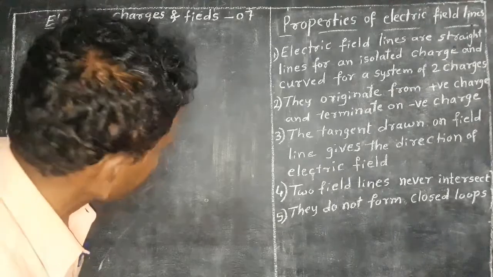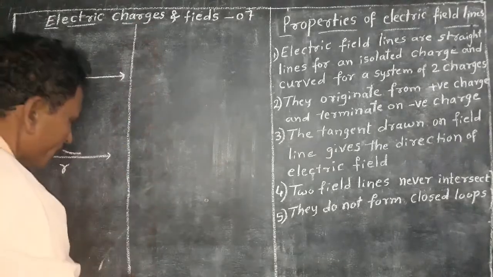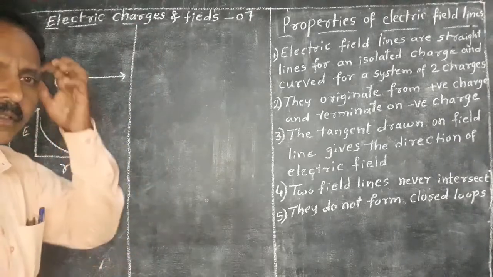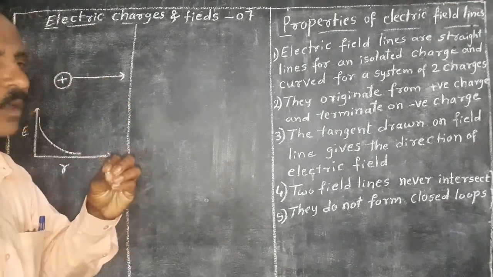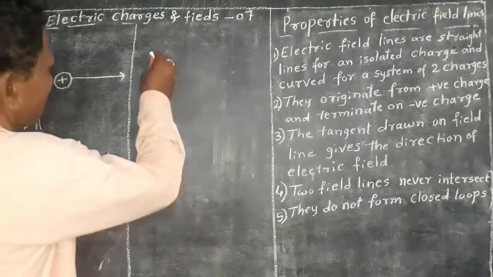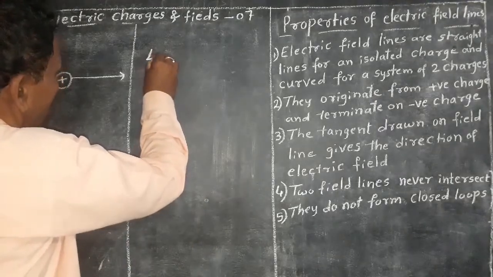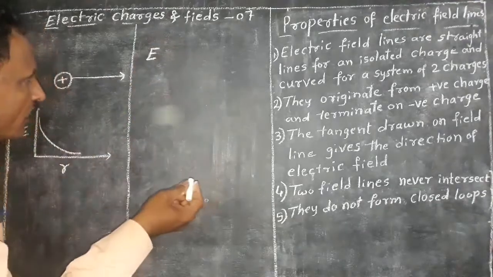And the amount of force experienced by unit positive test charge is called strength of electric field. It is defined as electric field intensity or electric intensity or field intensity.